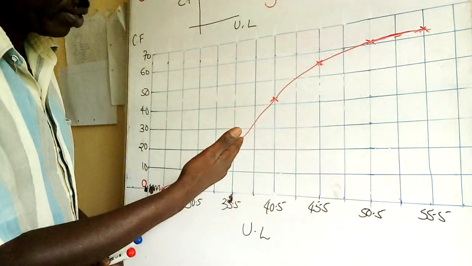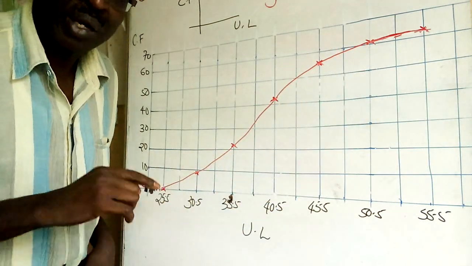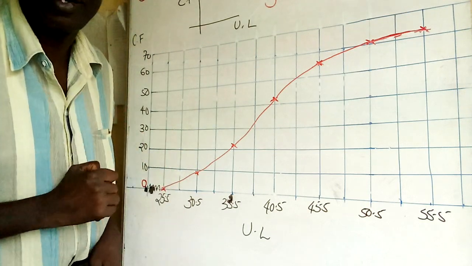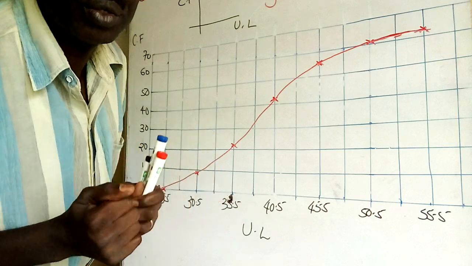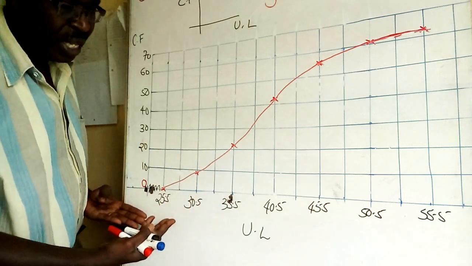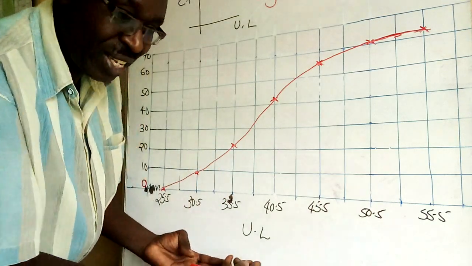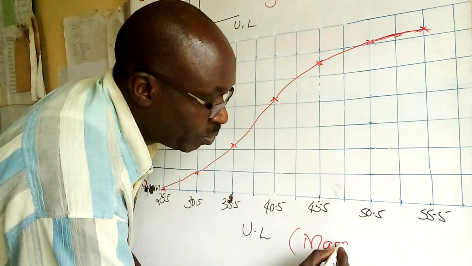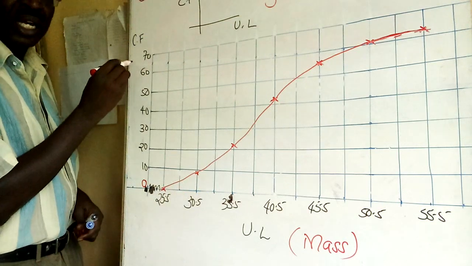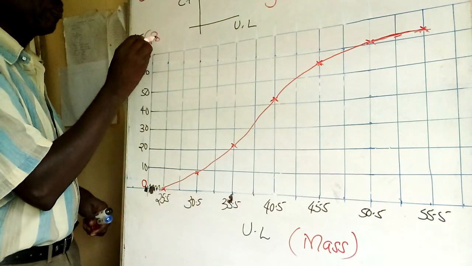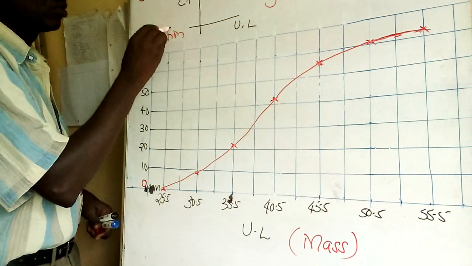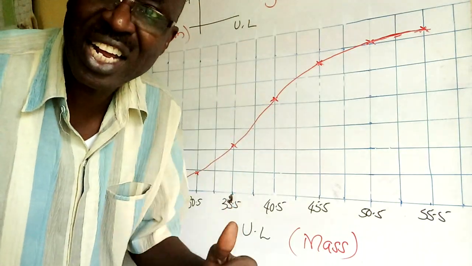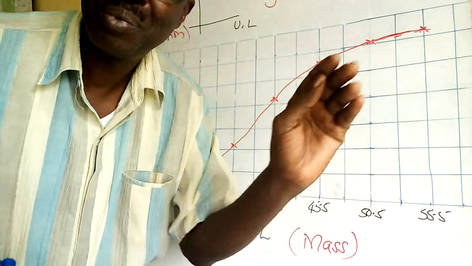We have the graph. The core lesson is how do you get median. So position. Remember, these are masses. These, in a nutshell, represent masses. And this cumulative frequency is position. That is a nutshell. Cumulative frequency is arrangement in ascending order.